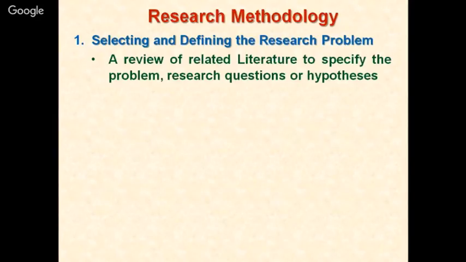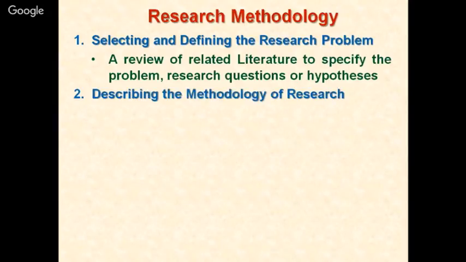And in this regard, a review of literature will help you in the selection of the problem and in defining the problem, research questions, and research hypothesis. After you have selected the topic and adequately defined it, the next task required of the researcher is to make useful observations.